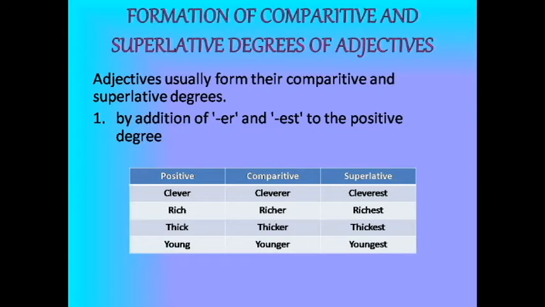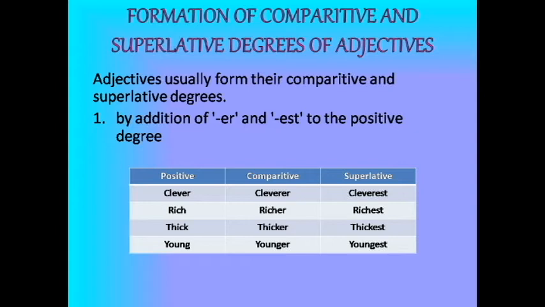Let us now understand the formation of comparative and superlative degrees of adjectives. Adjectives usually form their comparative and superlative degrees by adding er and est to the positive degree. Here is a table which gives a clear picture of examples.